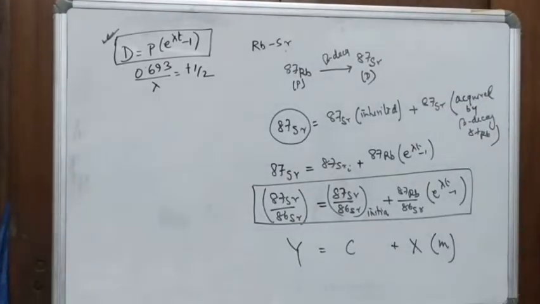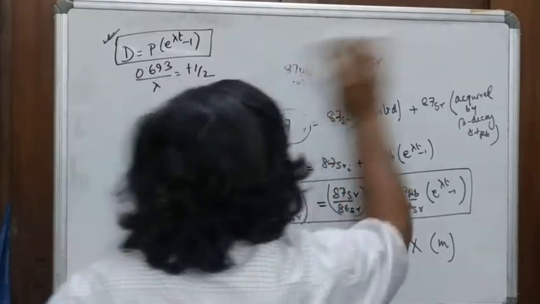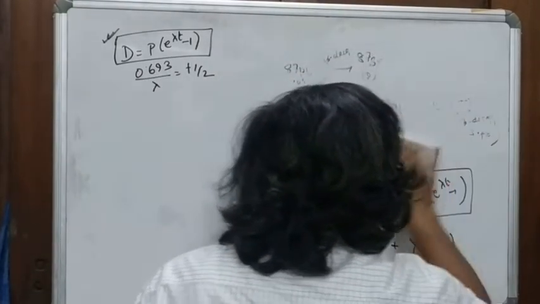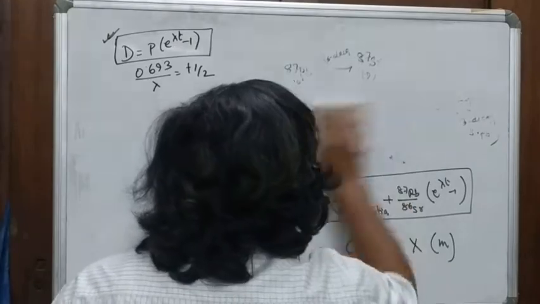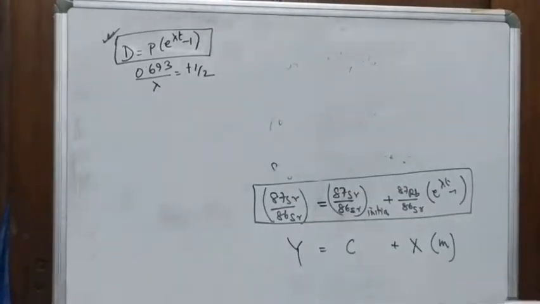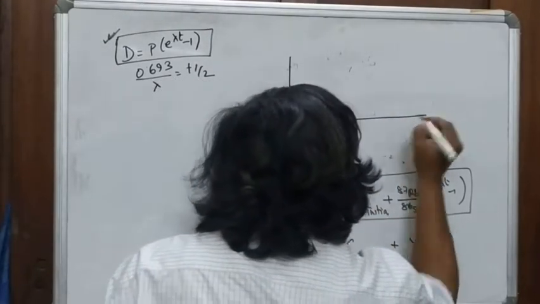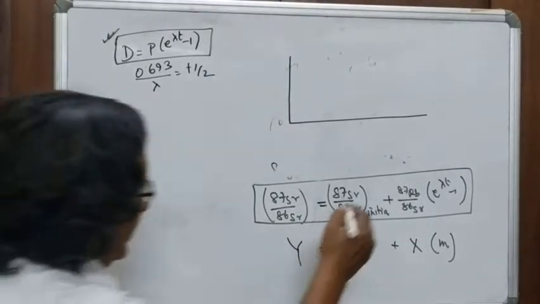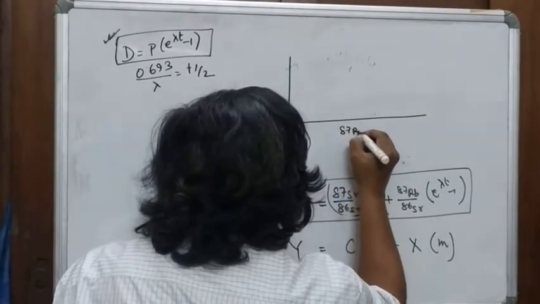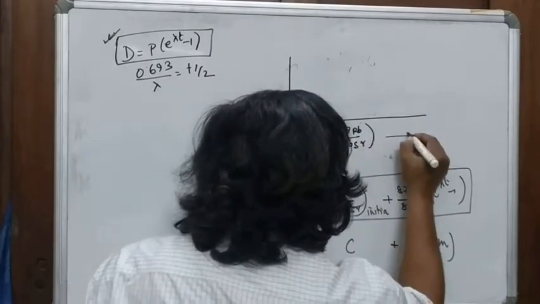So if I do that, I can take my x value here as 87 rubidium by 86 strontium, increasing this way.